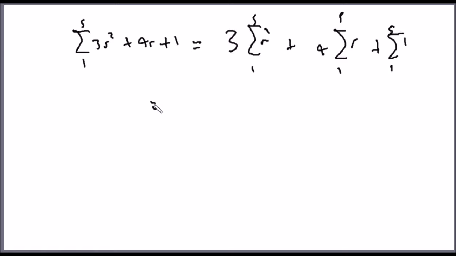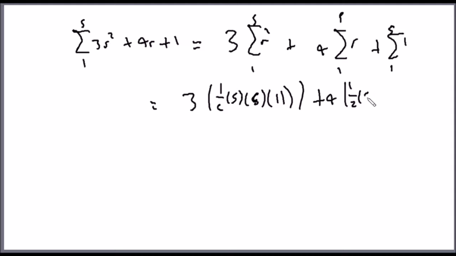Okay, so that equals 3 times a sixth times 5 times 6, using the formulae that I showed before, plus 4 times a half times 5 times 6, plus 5 times 1.